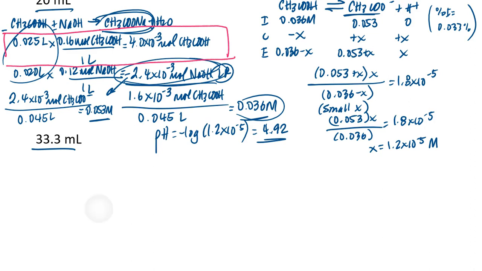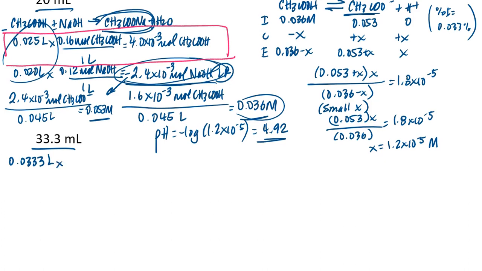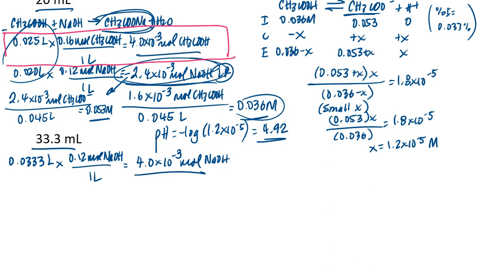But I still need to calculate how many moles of base I would have added if I added 33.3 milliliters of base at 0.12 molar concentration of base. And if I do this math, I see that I have 4.0 times 10 to the negative 3 moles of base added. Notice that that number of moles is the same as the initial amount of acid. And so basically, this point where I've added equal numbers of moles of acid and base represents the equivalence point of the titration.